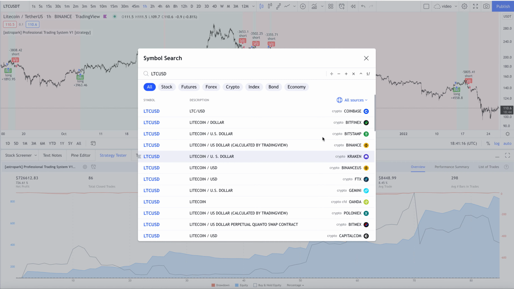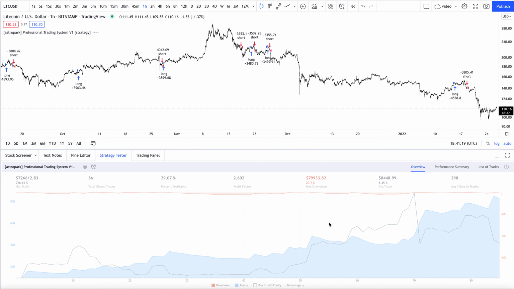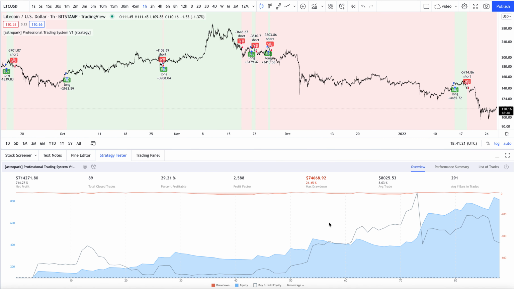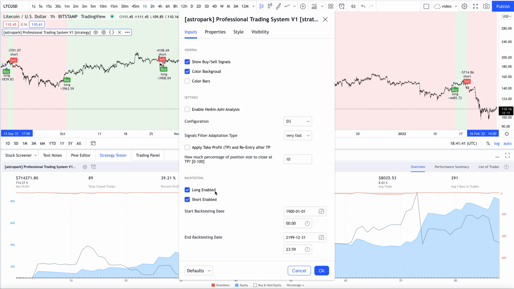Let's say Bitstamp. Okay, so as you can see, it's not something that we tailored exactly on this chart, on this time frame, on this exchange, but it works on all exchanges, which is very good. So this is a very good configuration for Litecoin, for example.